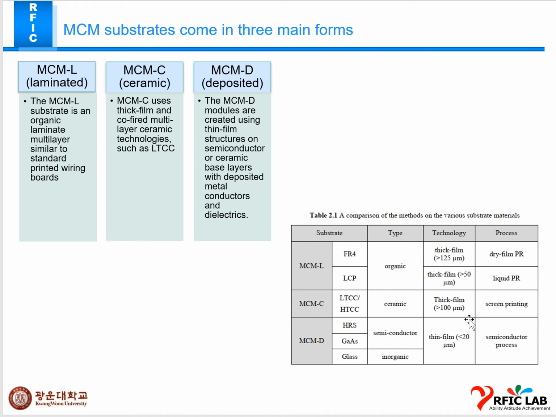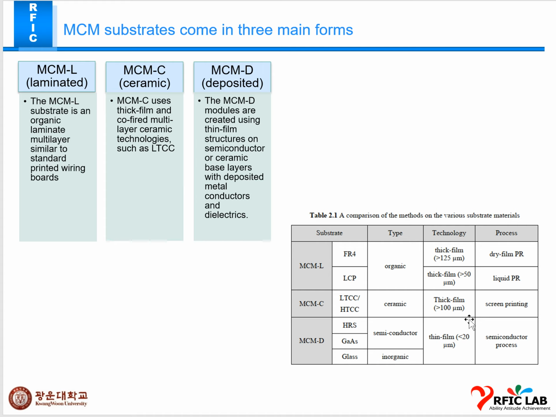The substrate is an organic laminated multi-layer similar to a standard printed wiring board, and the C case uses thick film and co-fired multi-layer ceramic technology such as LTCC. And in the D case, modules are created using thin film structures on a semiconductor or ceramic base layer with deposited metal conductor and dielectric.